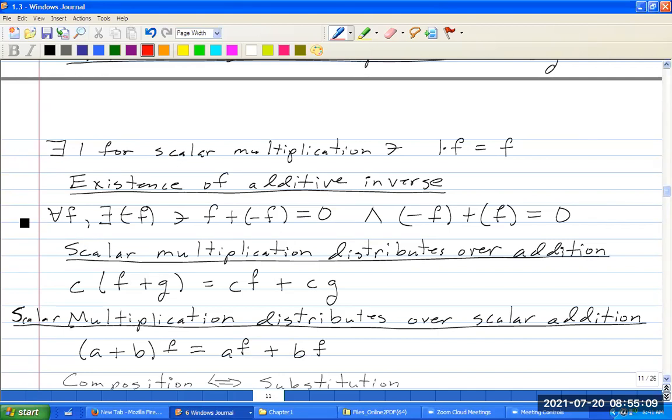For every function f, there exists a function denoted by negative f, such that f plus the additive inverse of f is equal to the additive identity. And by commutativity, the additive inverse of f plus f is equal to the additive identity, the zero function.